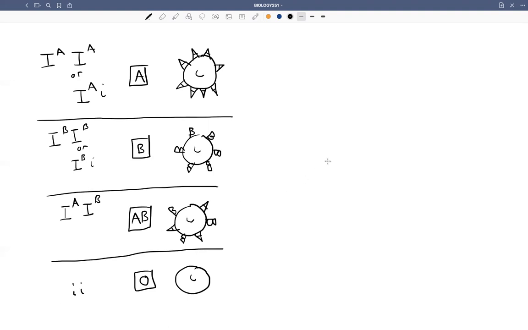And what that means for blood typing is very important if anybody is donating blood. People have to donate their blood to somebody who is a proper recipient for their blood type. So if you are type A and you donate your blood to somebody who's type A, that's just fine, right?